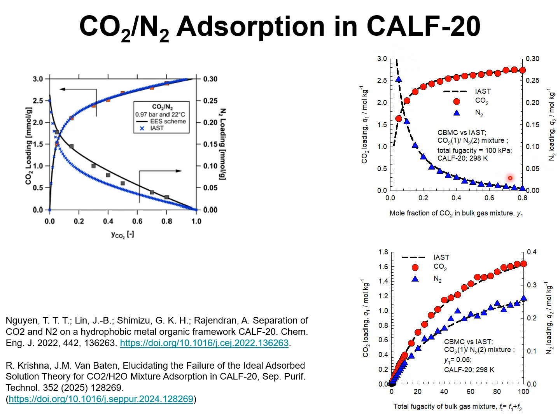The dashed lines are the estimates of the IAST. What we observe is that the IAST is in excellent agreement with the CBMC simulations for mixture adsorption of CO2 and nitrogen.